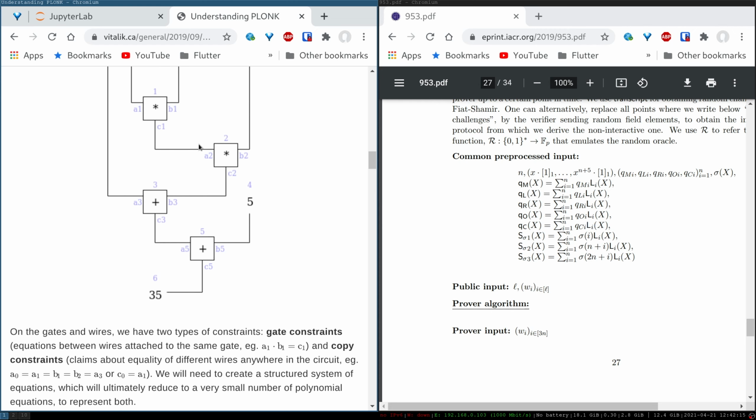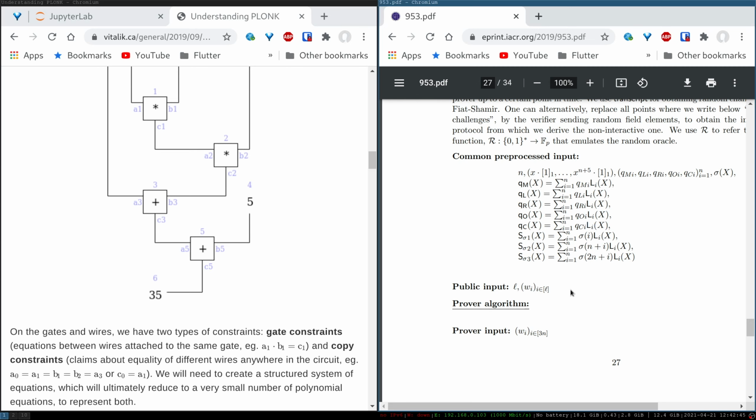So instead of having all this stuff and doing equal 35, I'm going to do minus 30 equals 0. The one advantage of having that as a parameter, and this is also supported in Plonk, is that you can have the circuit take a parameter during evaluation, proving, and validation.